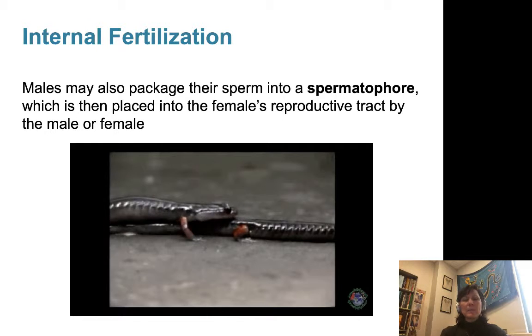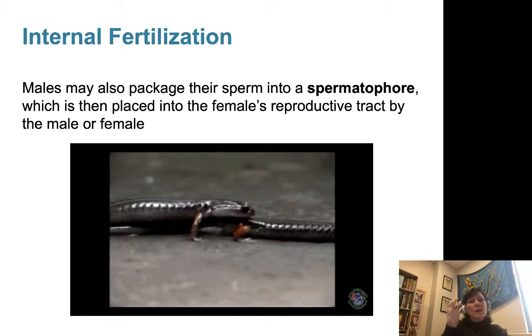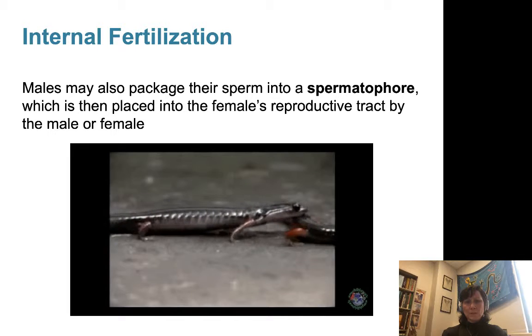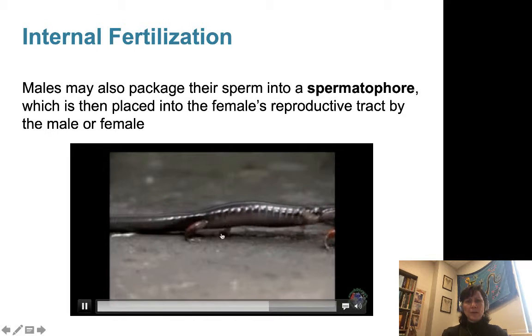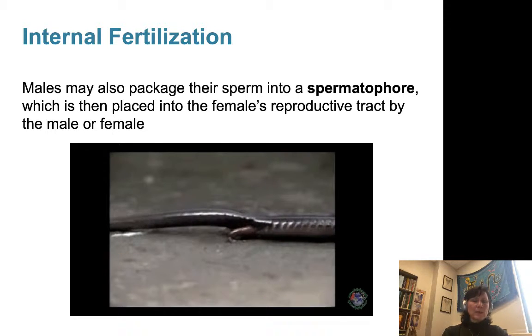And he's going to lead the female over it, and she's going to pick it up in her cloaca so that the sperm pack can then open up and fertilize her eggs in her reproductive tract. So there's the spermatophore. And here she goes. She's basically going to back up over it and grasp it.